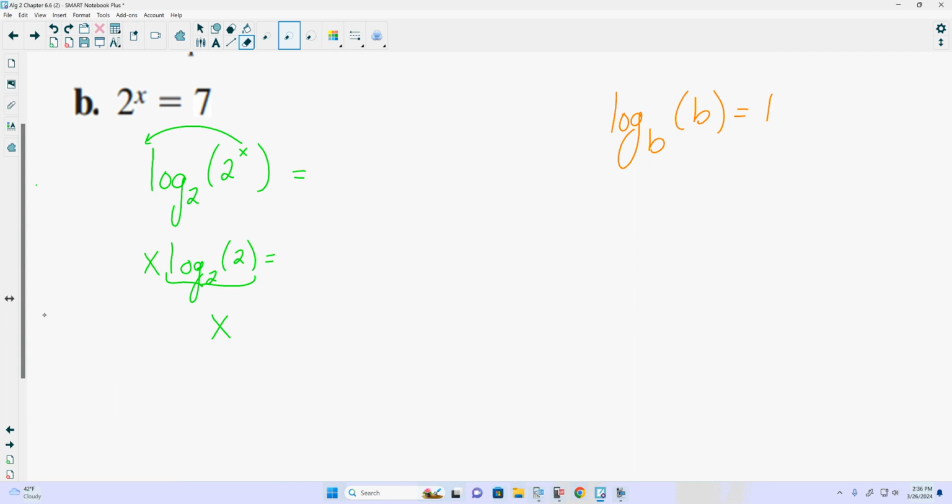It's also taken it from a problem where our variable was in the exponent, and now it's out of the exponent. That's one of the nice things with the properties of log, is we can take that variable out of the exponent, and now it's something easier to solve.